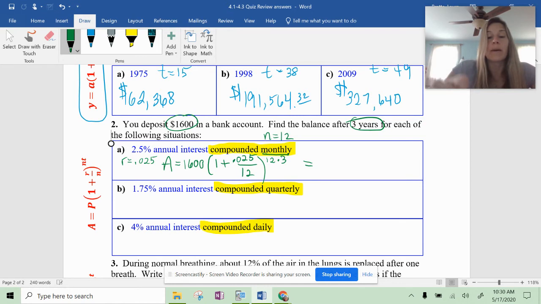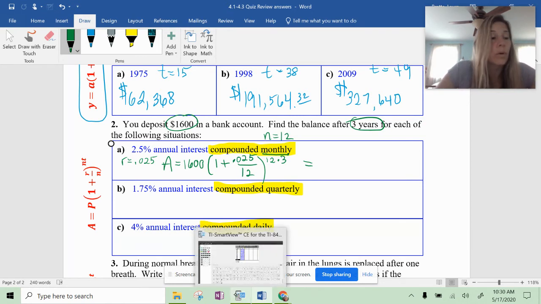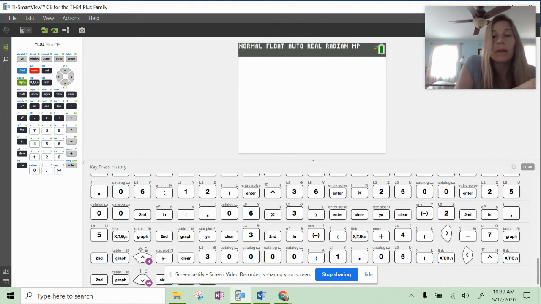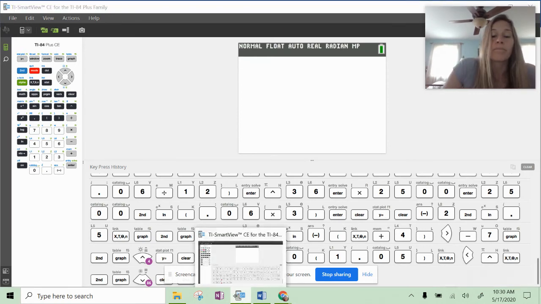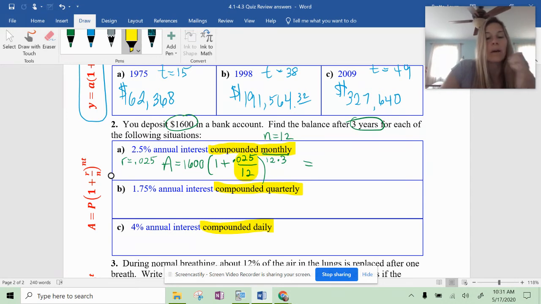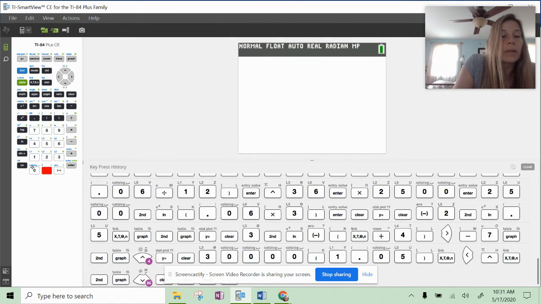So when I put this in my calculator, I'm going to do the parentheses portion first, right? Okay, so I'm going to do this part first right here, the 0.025 divided by 12.